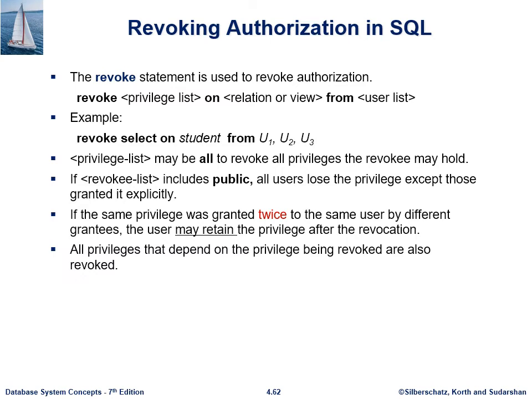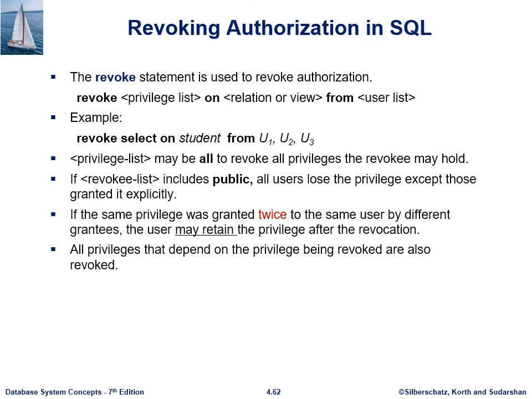So if we already granted some privilege to some specific people, those people still have the privilege, but for public, for others, their privilege will be dropped. And if one privilege has been granted twice to one user, then one revoke may not affect the other grant. So we may still have the privilege after that revocation.